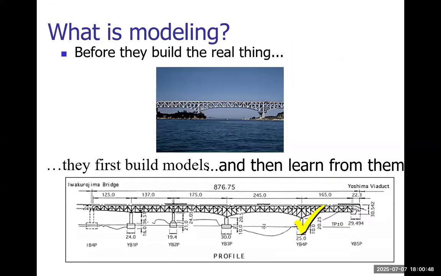I showed you these slides in the first week of the lecture, showing the reality and the model. We can see the model is a simplified version of the reality. Before we build a real bridge, we provide a design, and this design is a model of the bridge.